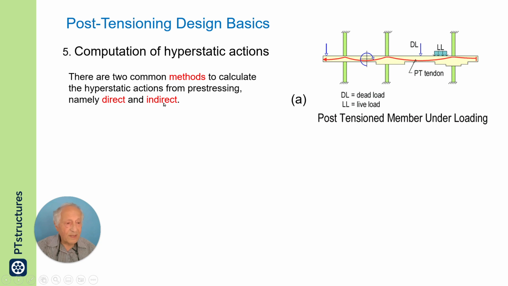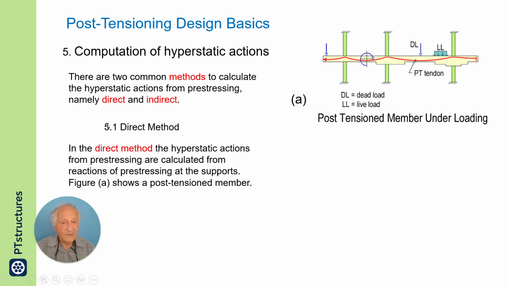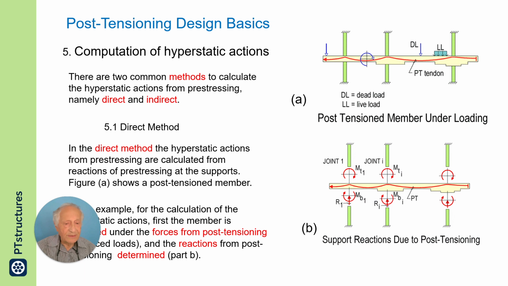The direct method says, find the reactions from post-tensioning, apply the reactions to the member, and calculate the demand. The direct method is universally used, and I show you a detailed example of it.